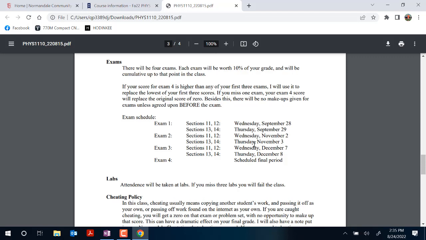So if you really mess up exam 2, but you do all right on exam 4, then that exam 2 score goes away, and exam 4 counts as 2 of those scores. Okay. That's also if you have an unexcused absence for one of those exams, then it's a 0, but when you take exam 4, that'll replace the 0. Okay.